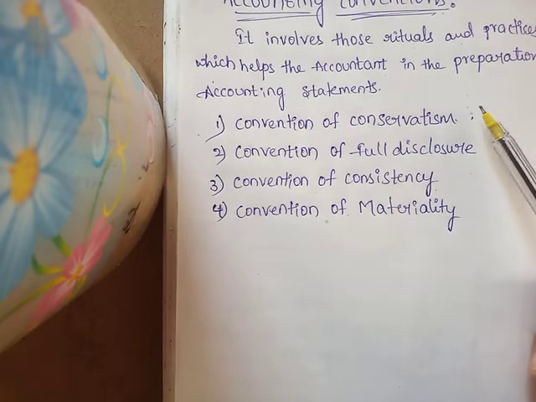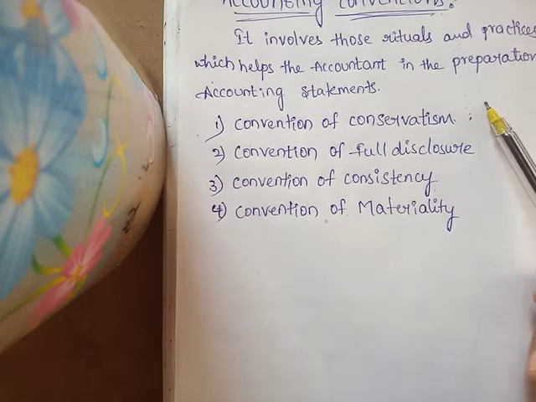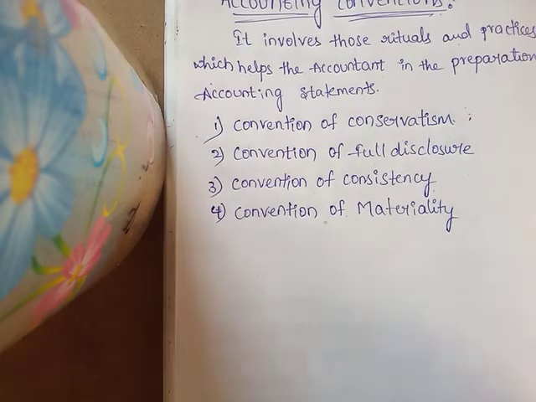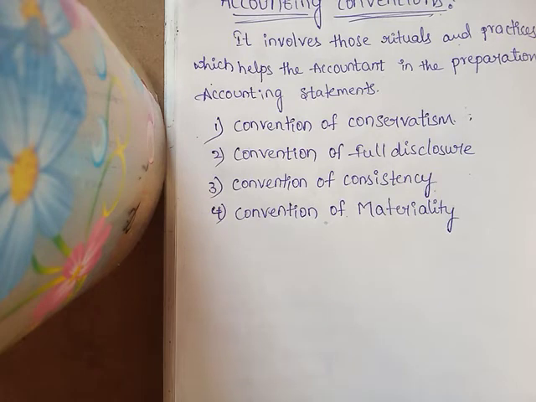The accountant must adopt this safe position and follow the rule: anticipate no profit but provide for all possible losses. It means the accountant must take a provision for all possible or expected losses, but unearned or unrealized profits must not be included.